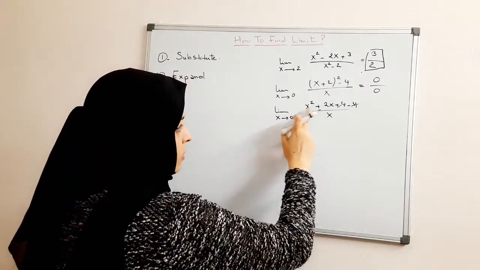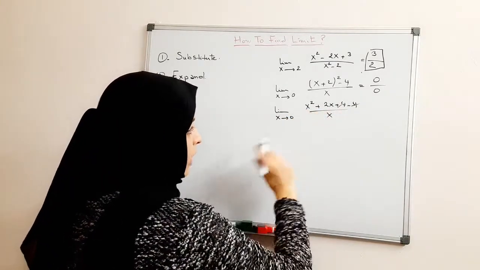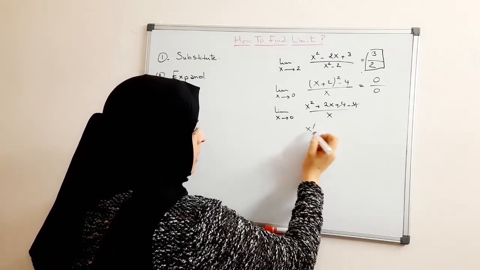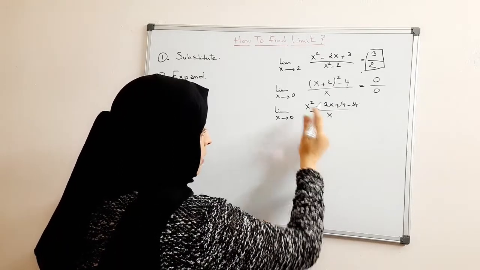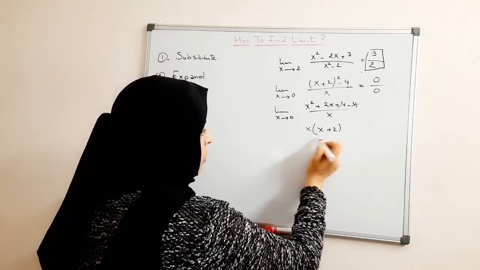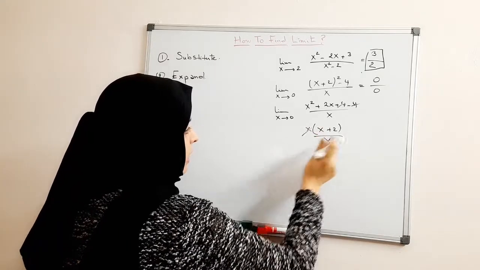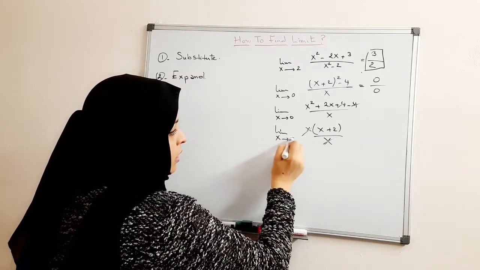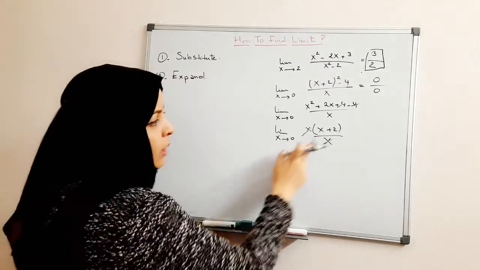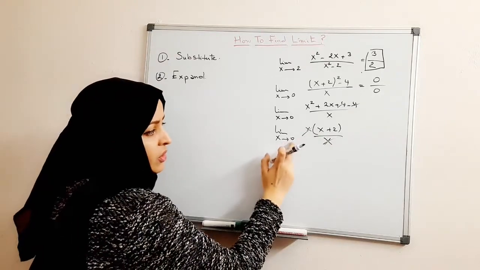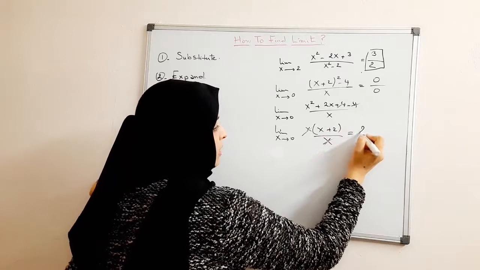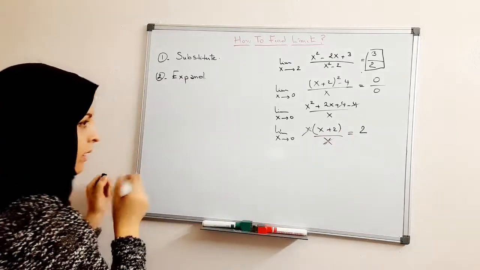So x squared plus 2x over x is x multiplied by (x plus 2) over x. We simplify by x and we have x plus 2. Now we can substitute by 0 and we have the result, which is 2.